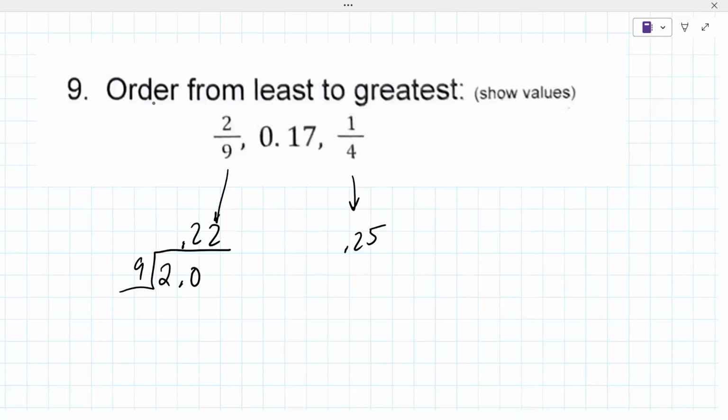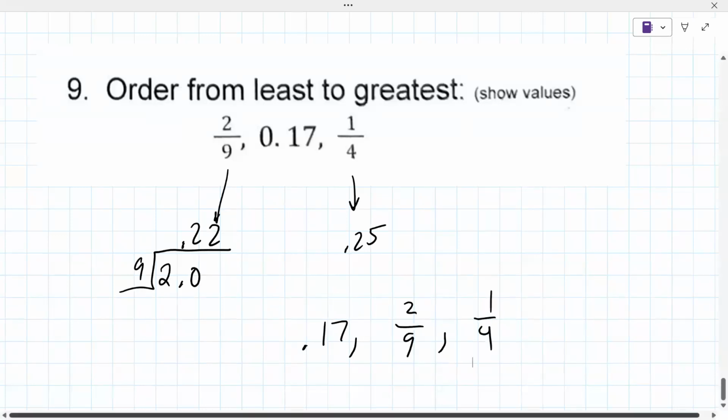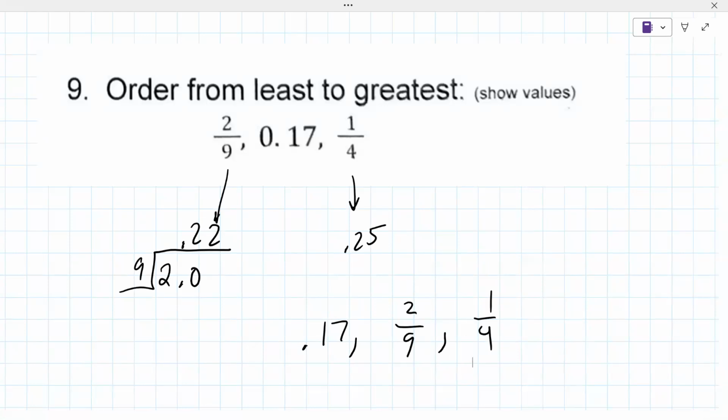Okay, so from least to greatest, the least is the 17.17, then 0.22. You have to go back to the original numbers, though. Yes, it's an intermediate step. That's fine.